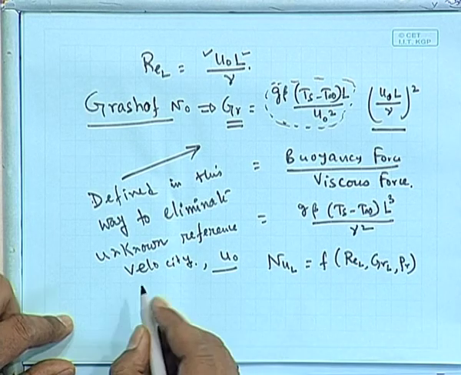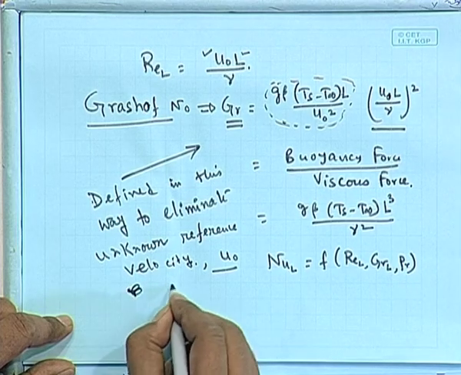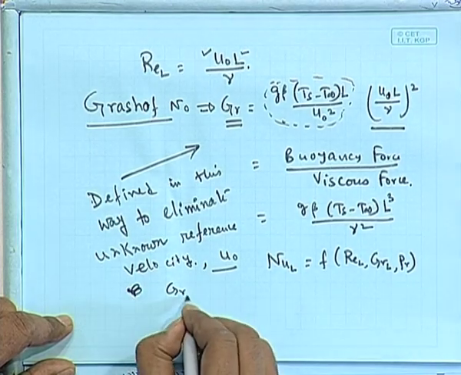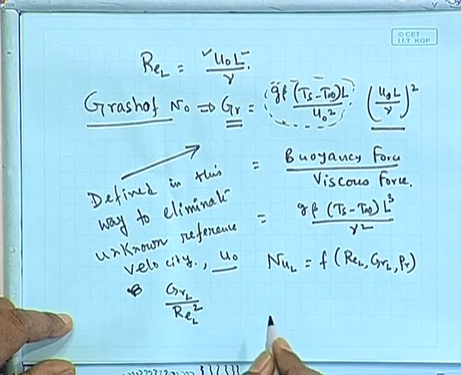Okay. Now, you have to look into this quantity GrL divided by ReL square.